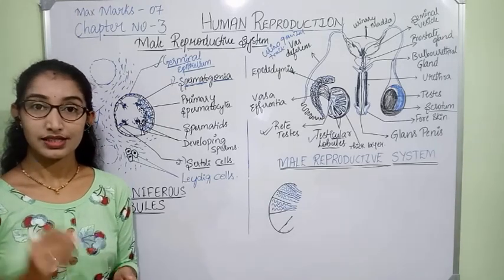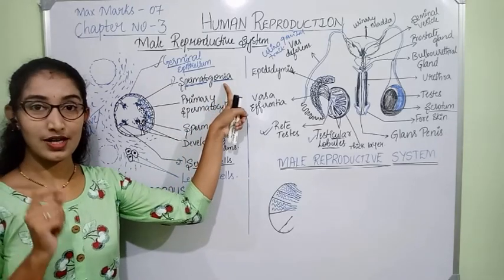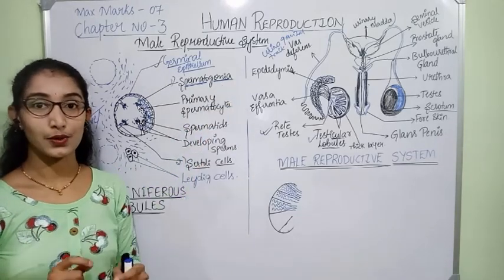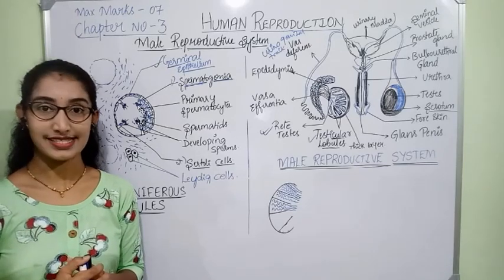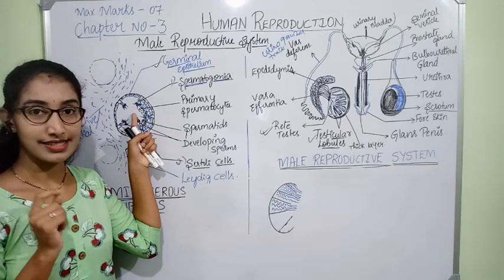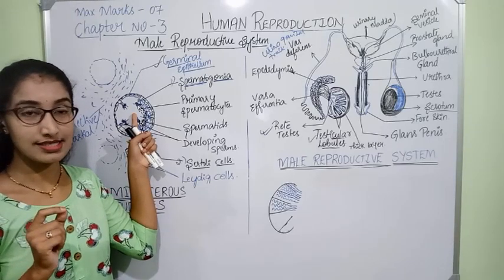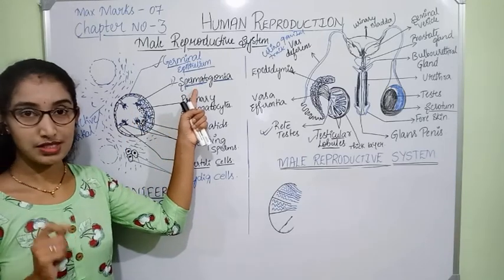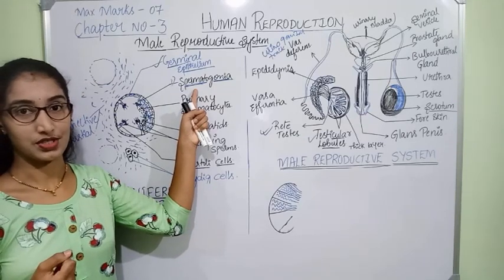Why are we using the term meiotic division? Because these diploid cells will undergo meiotic division, that is, reductional cell division, because the gametes are always in the haploid condition, and the haploid cells arising from the spermatogonia have to be formed by meiotic cell division.